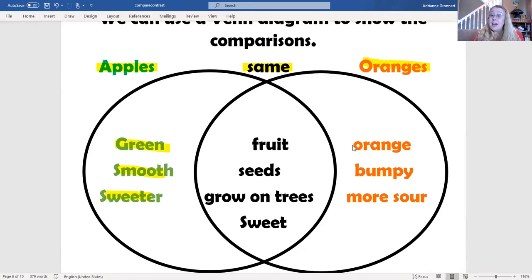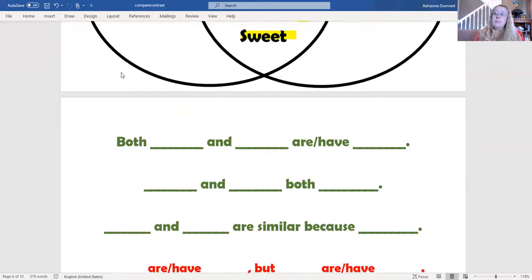For oranges, we have that they're orange, bumpy, and more sour. In the center, we put the things that are the same. If you notice, the circles connect, and where they connect, that's where we put the things that are the same about both. So they're both fruit, they both have seeds, they both grow on trees, and they're both sweet. Venn diagrams are a great way to show those types of comparisons.